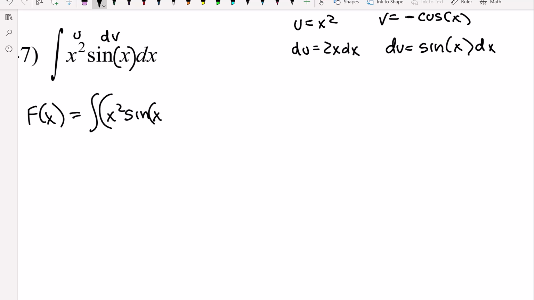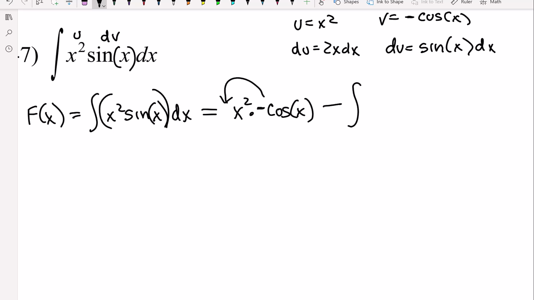x squared times sine of x, all of that dx, is equal to u, which is x squared, times v, which is negative cosine x, and then this negative sign will bring to in front, subtract the integral of v, which is negative. This negative will come out front, and that'll be a plus sign, times du, which is 2x dx. This 2 and this negative sign will bring negative 2x.